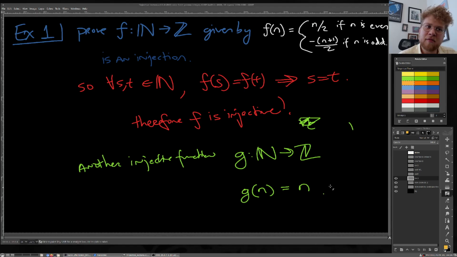However, g is not going to be a surjective function because n is always going to be a positive number, and Z contains negative numbers too, so there's no way that we're going to get anything that maps to negative elements of the codomain. This one, however, is surjective. It's very interesting.